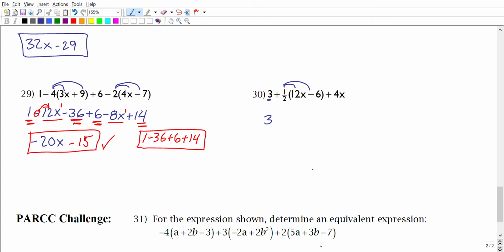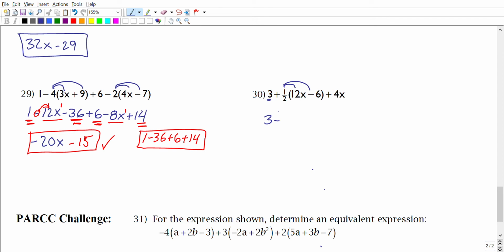So what do we have? We have 1/2 times 12x. All that is saying is, what is 1/2 of 12? Or if you take 12 and divide it by 2, what does that mean? Well, 12 divided by 2 is just a 6.